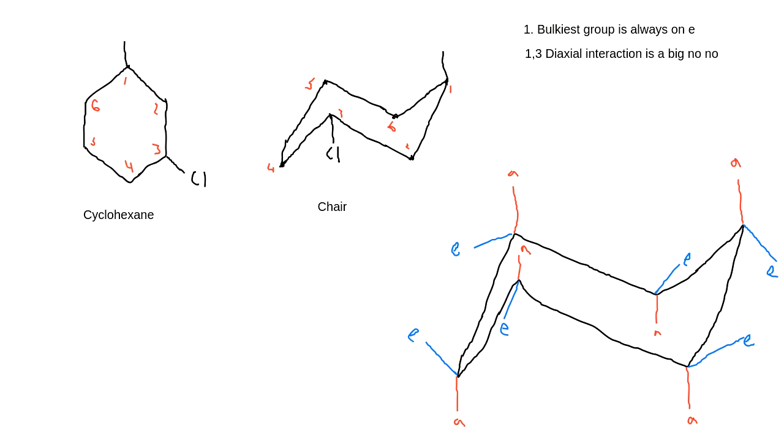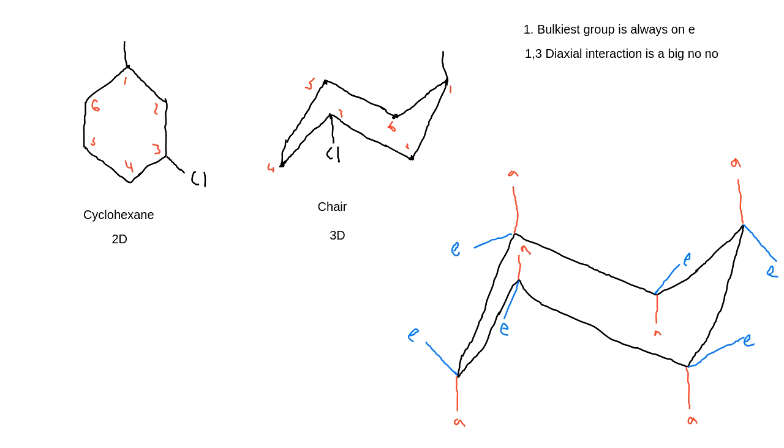Basically there's something called steric hindrance, and that's when molecules collide with each other and it makes them unstable. Because chairs are like the 3D version of a 2D cyclohexane, and in fact, let me write that down. This is 2D. This is 3D.